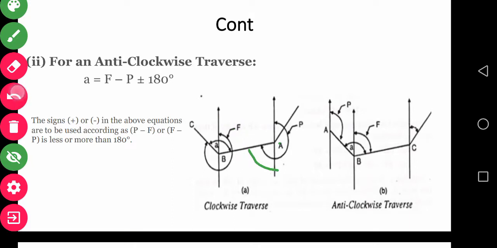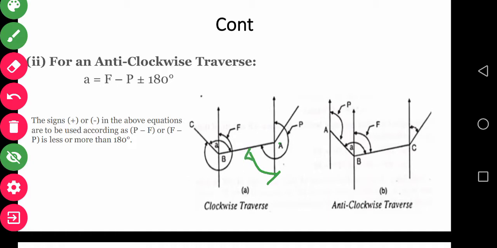Now we will divide this whole angle A into two parts, say this is A1 and this part is A2. How can I find this angle?